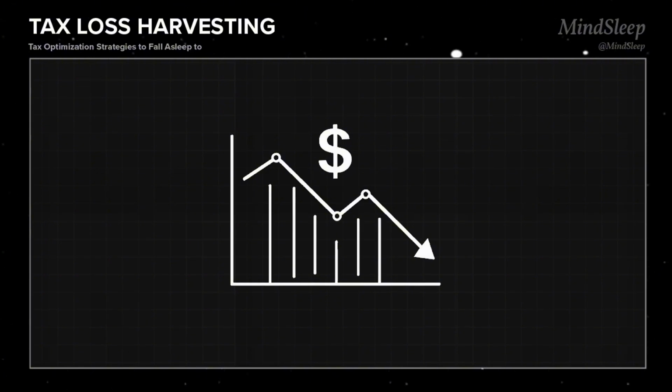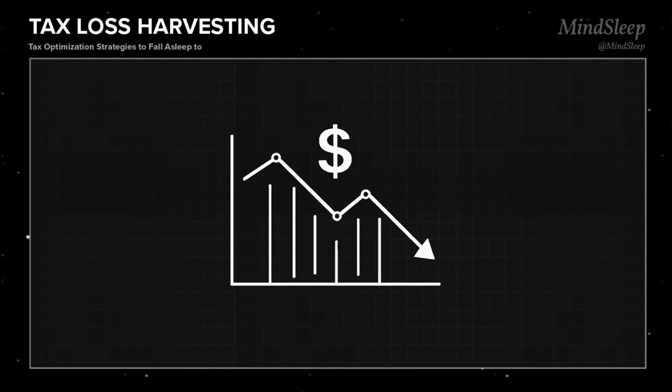The execution of tax loss harvesting often involves a delicate balance between maintaining your desired investment allocation and optimizing your tax position. This leads us to several important implications. First, it necessitates a keen understanding of your portfolio's overall structure and performance.